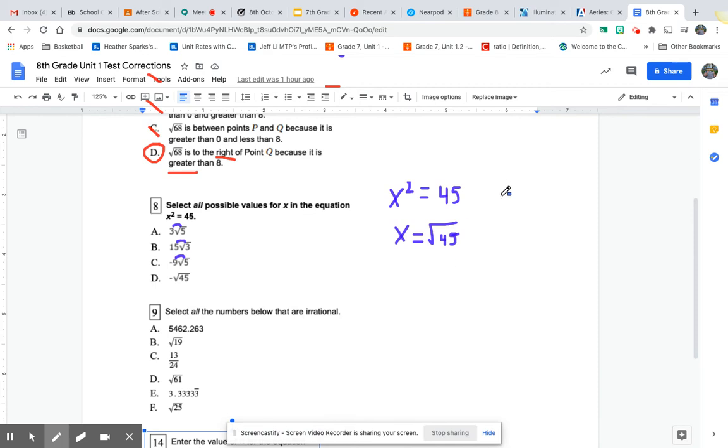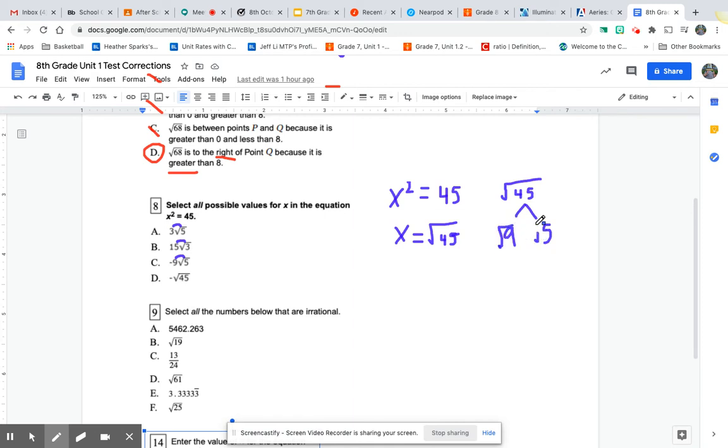This would be another irrational number because the square root of 45 is not a perfect square. But what we can do is break up this number into two different factors, meaning two numbers that multiply to make 45. I know that 9 times 5 would make 45.